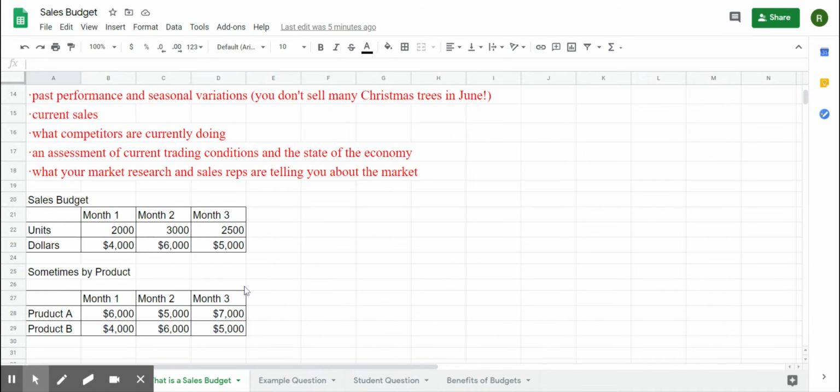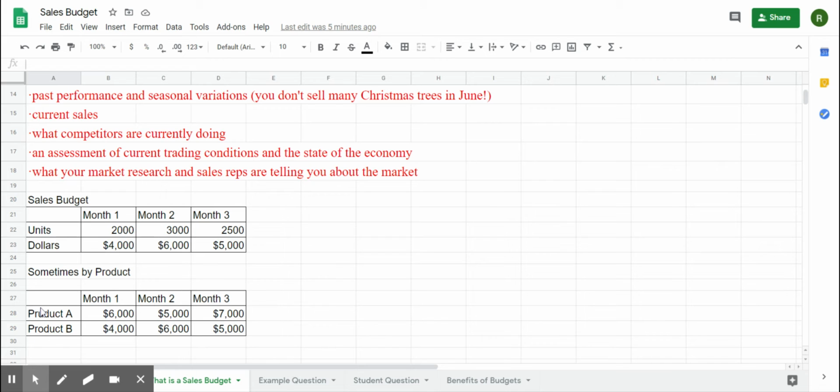You can see it in a number of formats. So this first format here looks at a sales budget where we've been asked to do it in terms of both units and currency. So obviously here they are selling each unit for $2. If they're predicting sales of 2,500 units in month 3, that equates to receipts of $5,000.